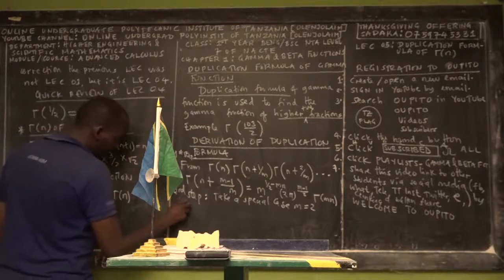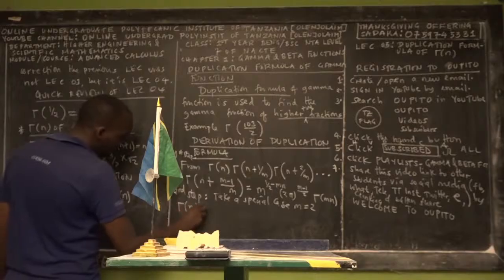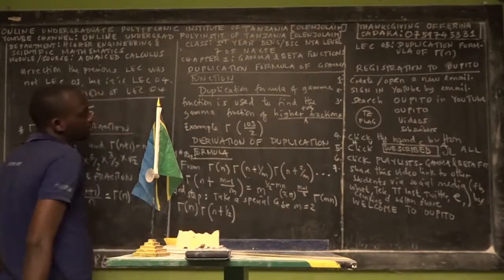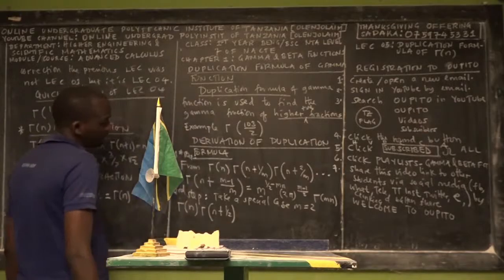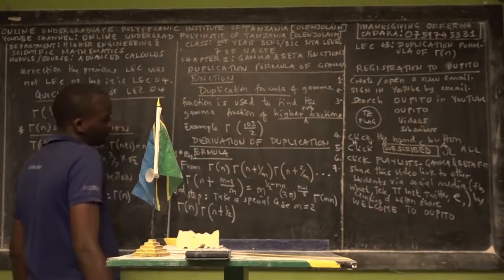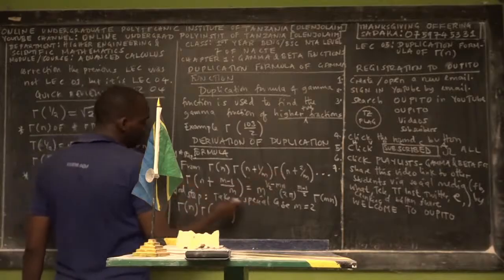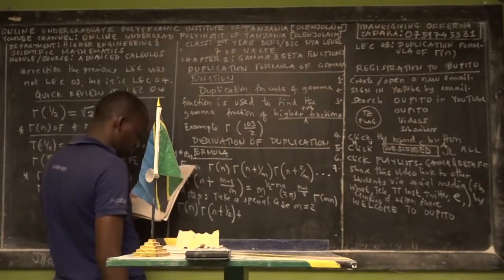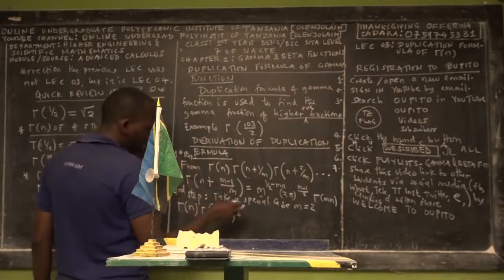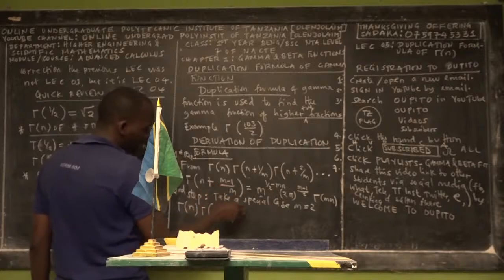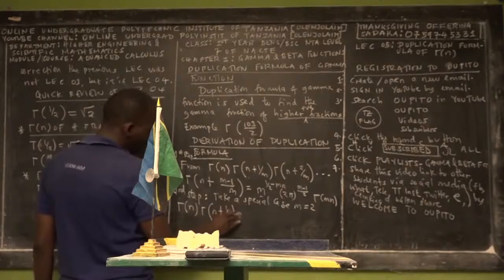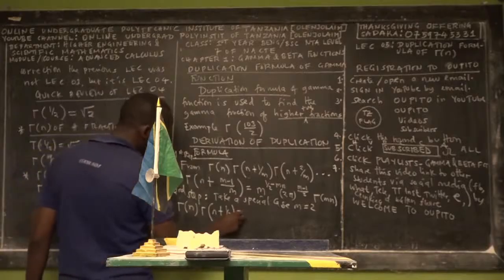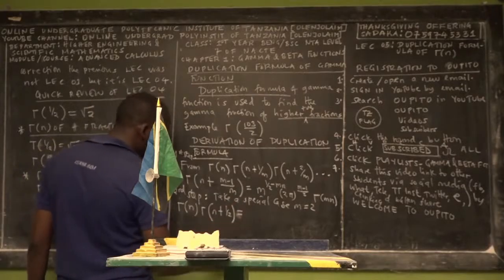We have gamma of n times gamma of n plus 1/2, then times gamma of n plus 2/2, which is 1, so this one will end. Here m is equal to 2, 2 minus 1 is 1/2. So simply the next term will be gamma of n times gamma of n plus 1/2.